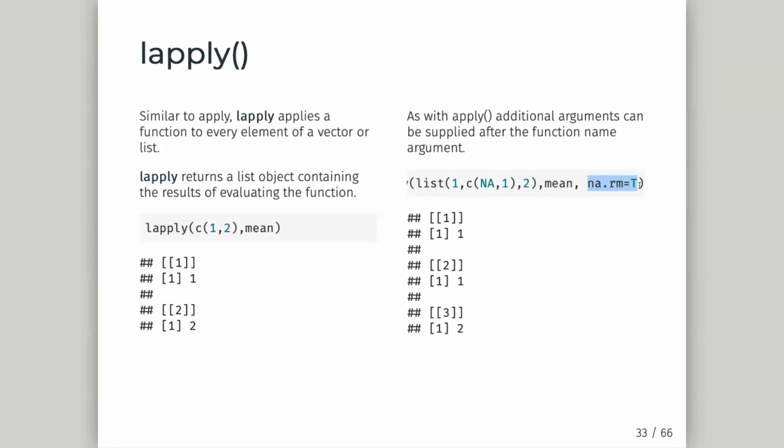I'm deliberately showing you this argument because a lot of the time when you take a mean of a vector and there's an NA in there, you just want to ignore it. We think about why the NA is there, but often we just want to ignore it. With na.rm, we remove them before it takes the mean. So that's a really useful argument for mean. And in this case, we end up getting 1, 1, 2, but again, a list. Which you can imagine you may then want to unlist, like we showed you earlier on, and if you get enough results, maybe put that back into a matrix.